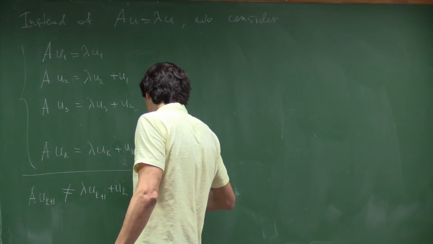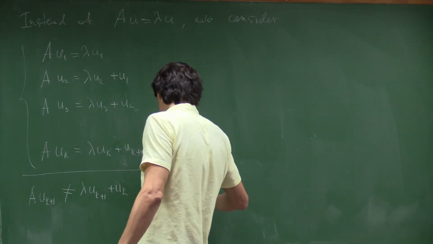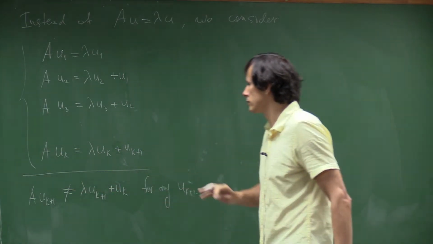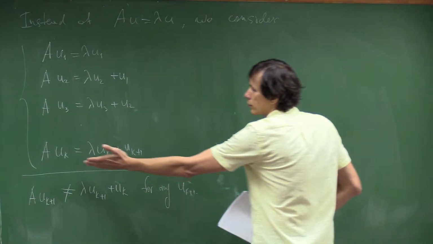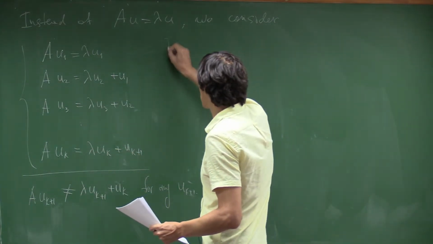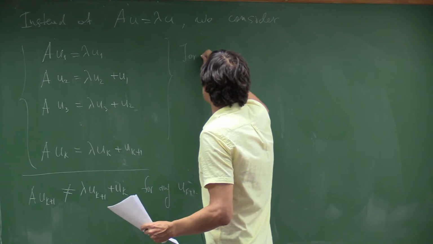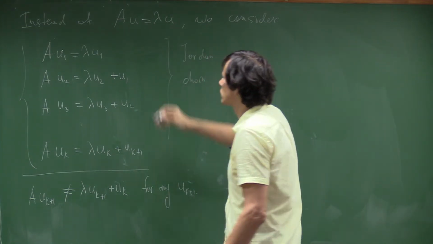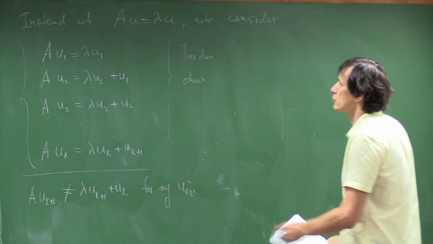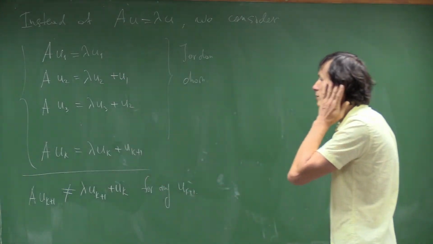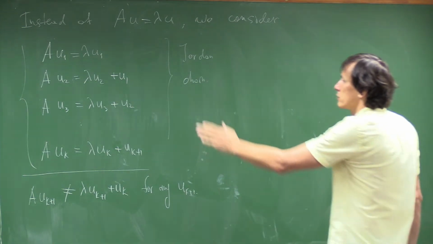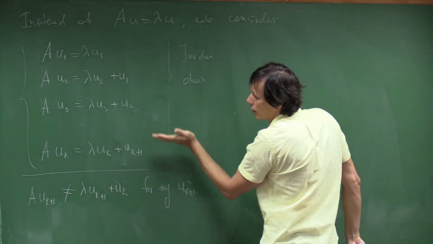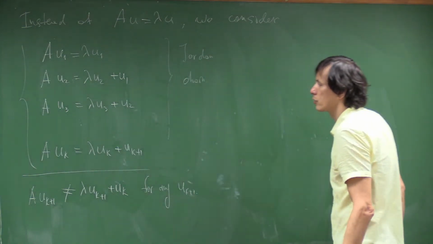For any u k plus 1, at a certain moment we stop. This is what's called a Jordan chain, a Jordan chain of generalized eigenvectors, which we keep solving until we cannot anymore.